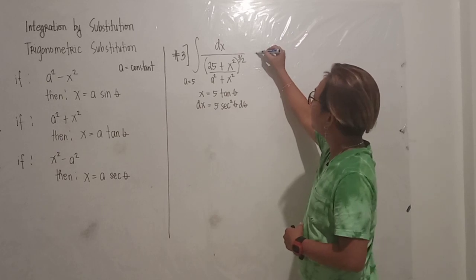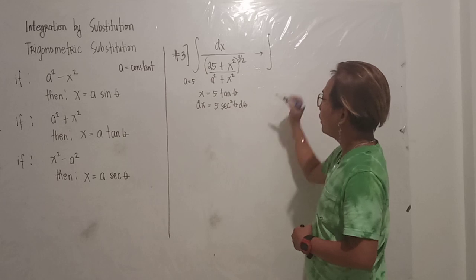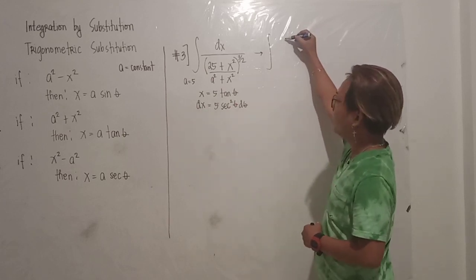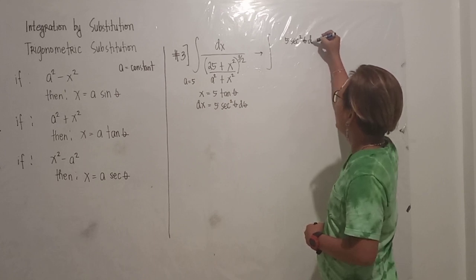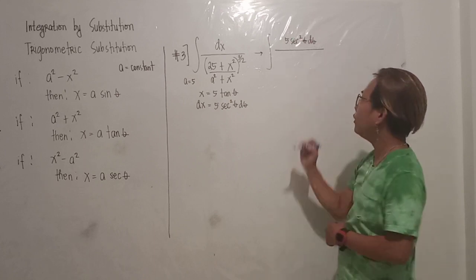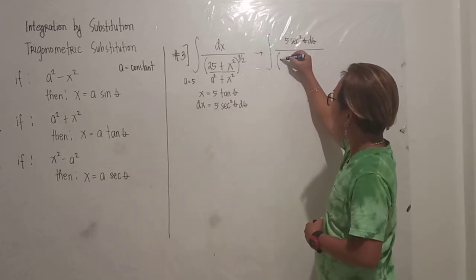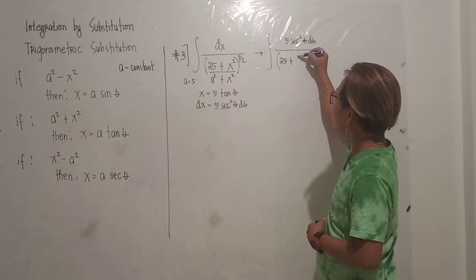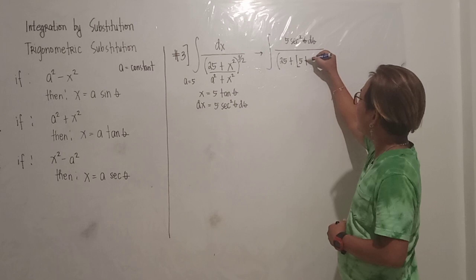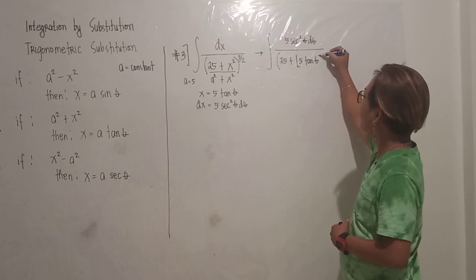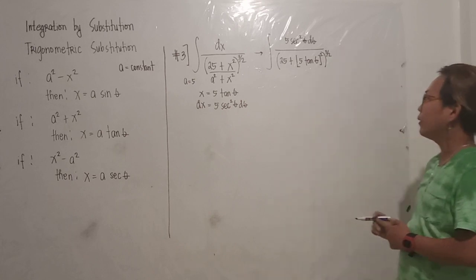Now you have to substitute your values. So the value of your dx is 5 secant squared theta d theta all over 25 plus the value of x, which is 5 tangent of theta, squared, then raised to 3 halves.